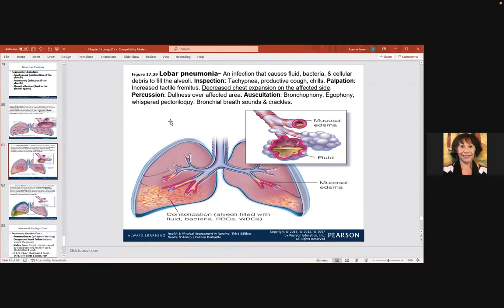On auscultation, bronchophony, egophony, whispered pectoriloquy, bronchial breath sounds, and crackles. And you can see the consolidation due to alveoli filled with fluid, bacteria, red blood cells, and white blood cells. And then you see mucosal edema inside of the alveoli.